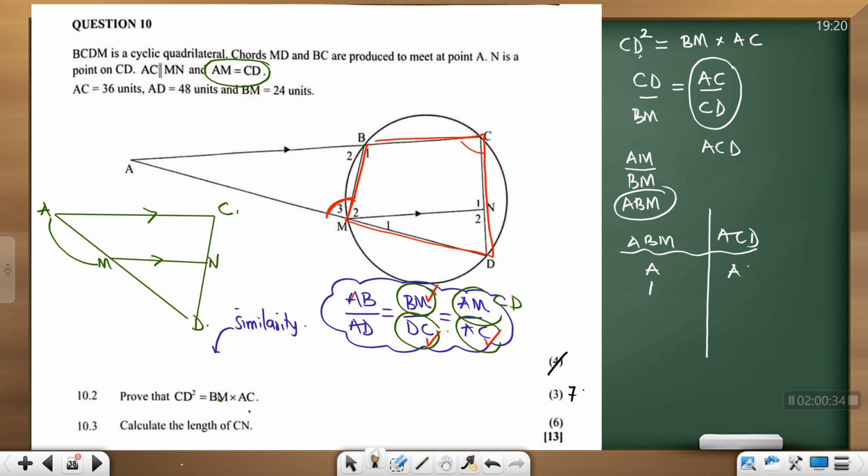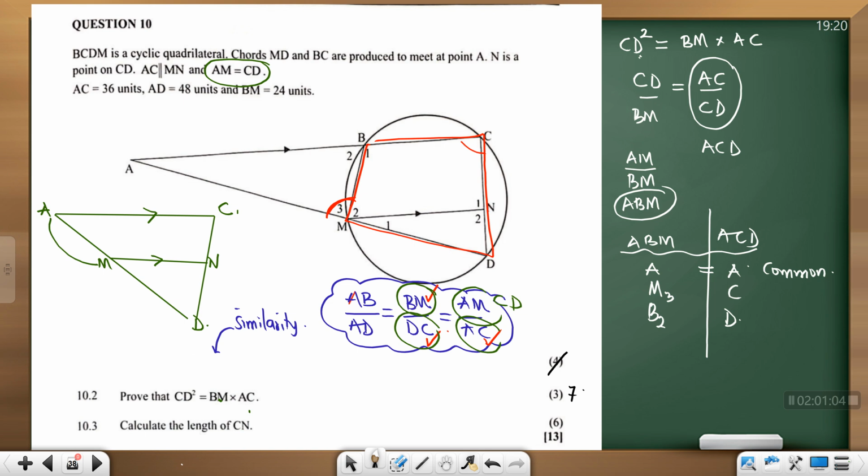Okay. M is on the left-hand side. All I need to prove is how many? 2. The third one automatically becomes what? Equal. And what's the third one here? B2, right? This is M3. B2 should be equal to what? Angle D. Oh, so angle A is equal to angle A. What is that?